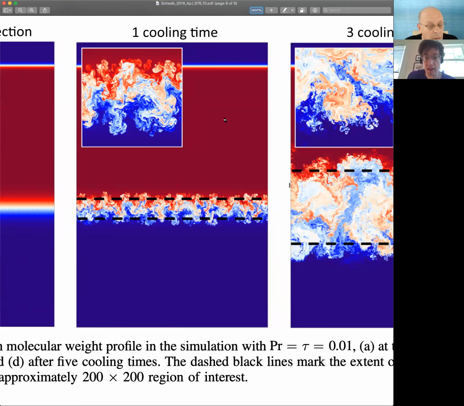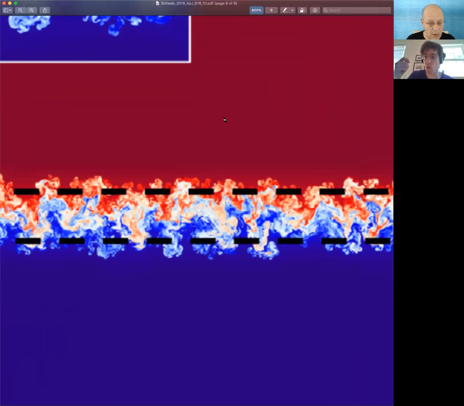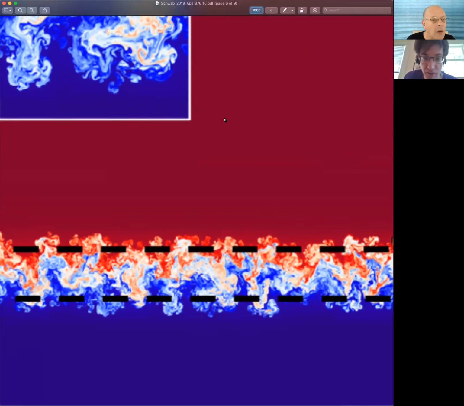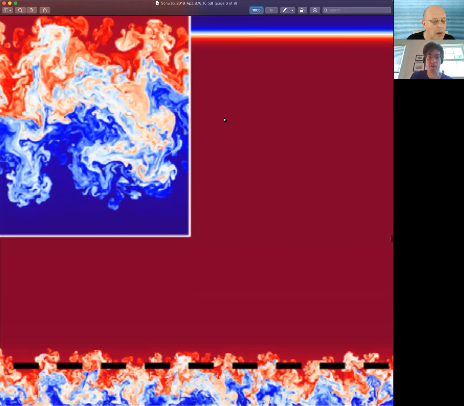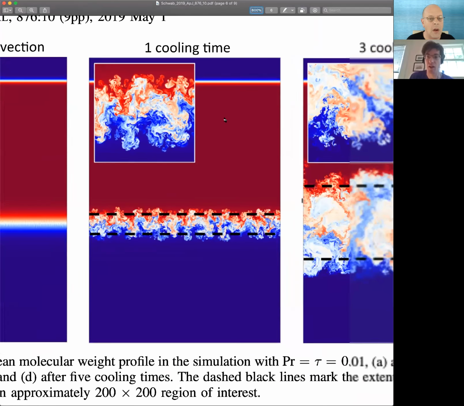And some of that is convective eddies penetrating beyond the boundary. And if you look in, you can also see some smaller scale features beyond that. And that's where you're also seeing some more of this double diffusive mixing. And I think that'll become even clearer in the insets or in some of the later panels.